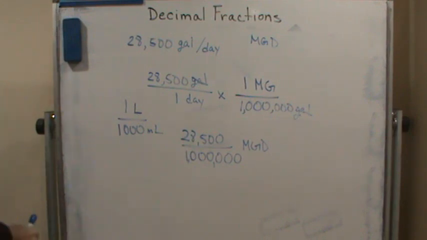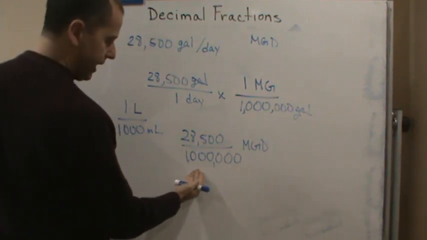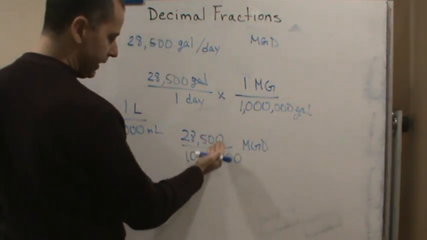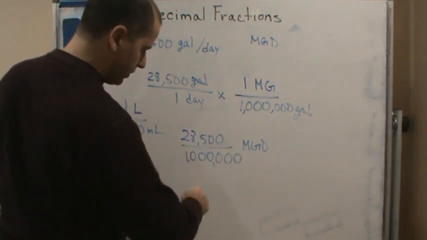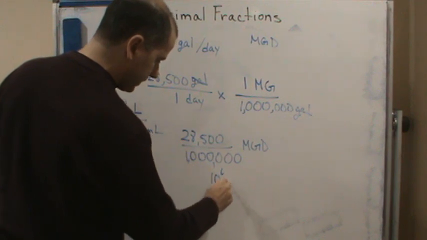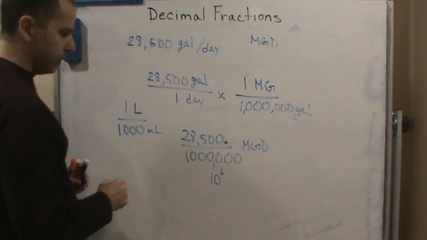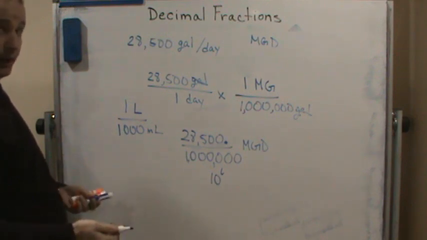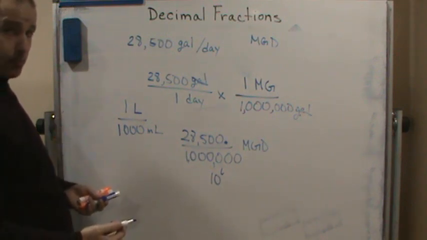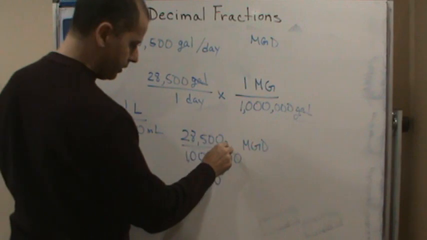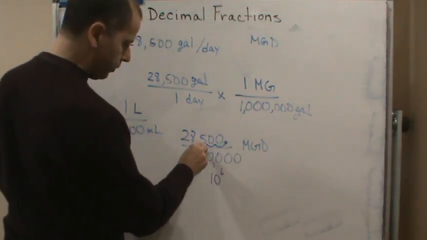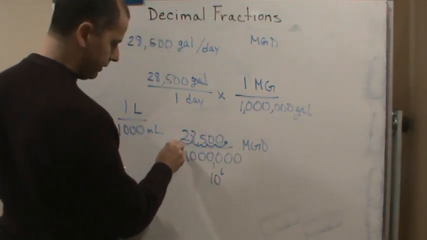Now, notice that this is just a power of 10. So this means I'm dividing by a power of 10, which is 10 to the 6th. That means I'm going to be moving the decimal point, which is right here, to the left 6 spaces. So I'm going to go 1, 2, 3, 4, 5, 6.